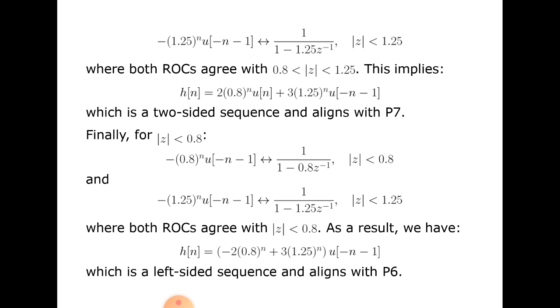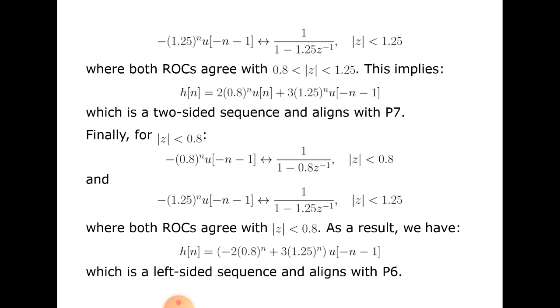Finally, for modulus of z less than 0.8, -0.8^n u[-n-1] transforms to 1 divided by (1 - 0.8 z^-1), where modulus of z is less than 0.8, and -1.25^n u[-n-1] transforms to 1 divided by (1 - 1.25 z^-1), where modulus of z is less than 1.25.